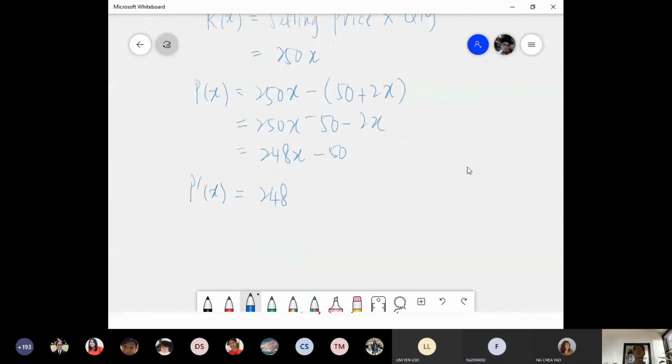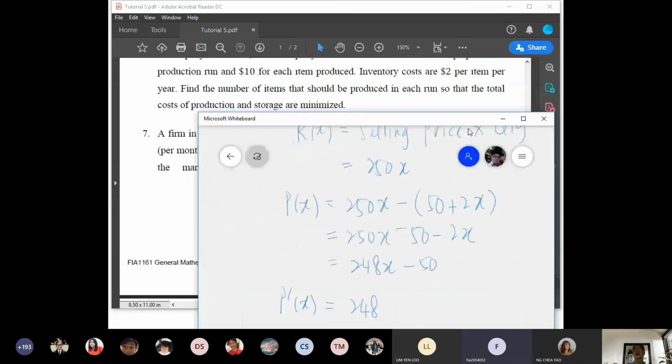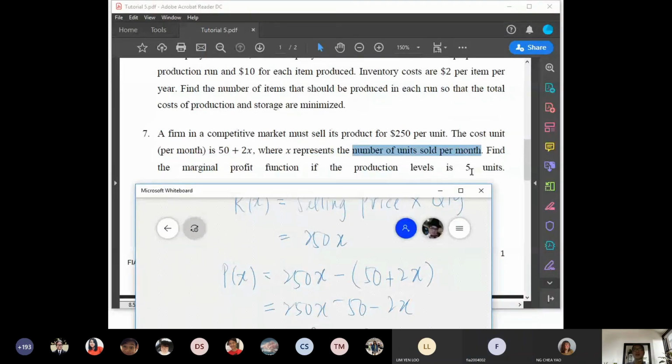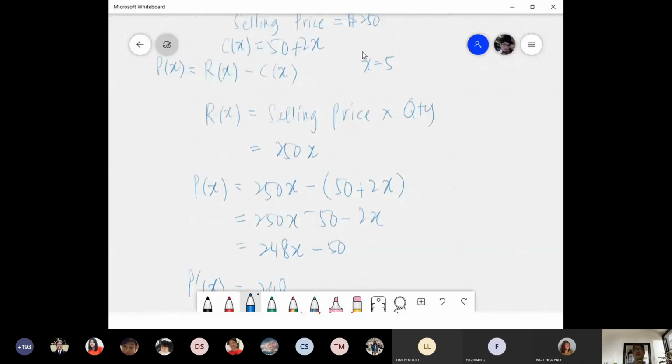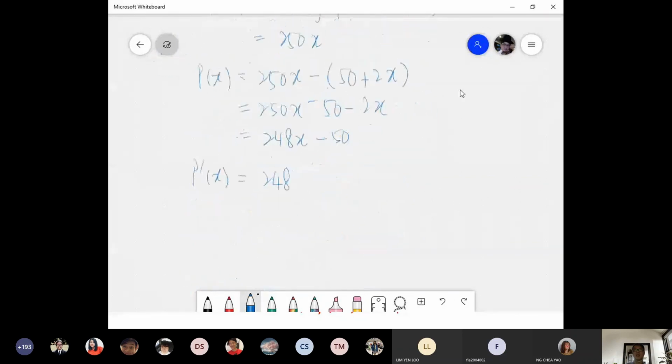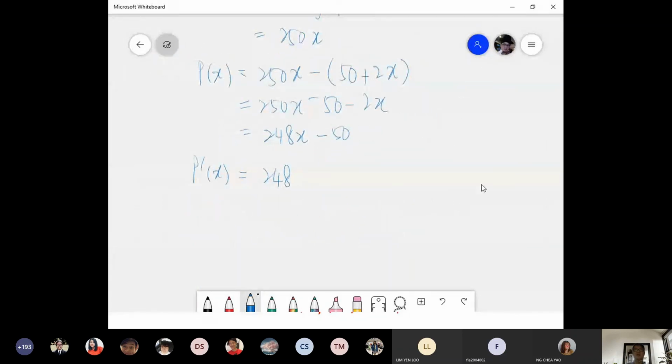Now, when x is 5 units, what is the marginal profit then?